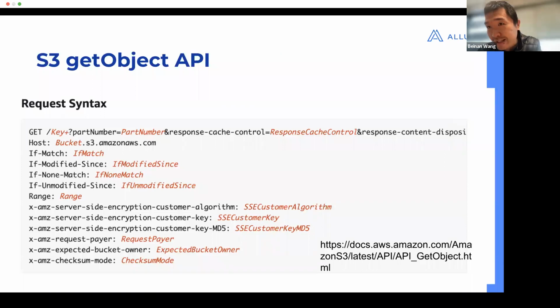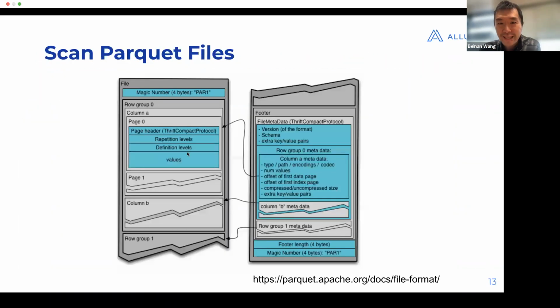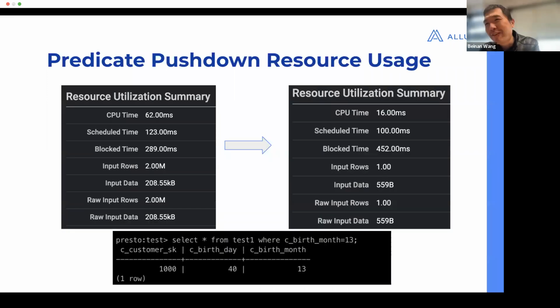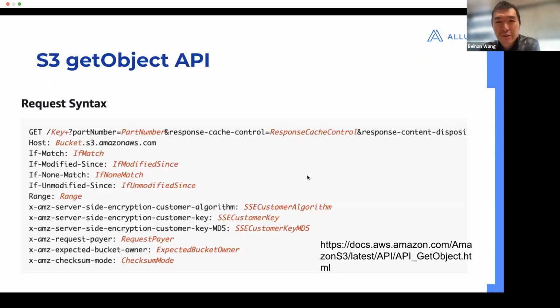And here's the thing. As I mentioned here, the Parquet file is always read from the end. We read the footer first. I think it's okay for HDFS, but for S3, the S3 API is mostly optimized for loading the entire object, or it can skip forward, but it could be difficult to skip back or seek back.